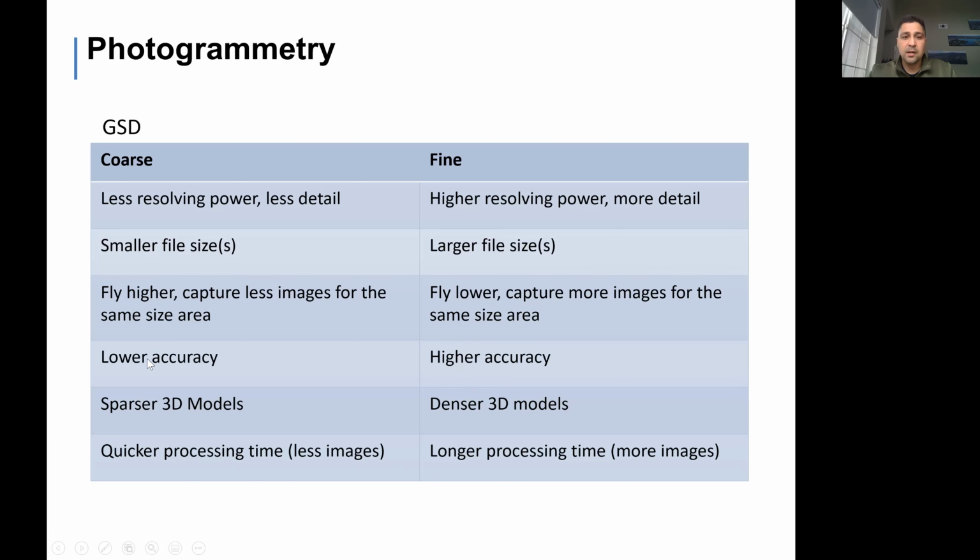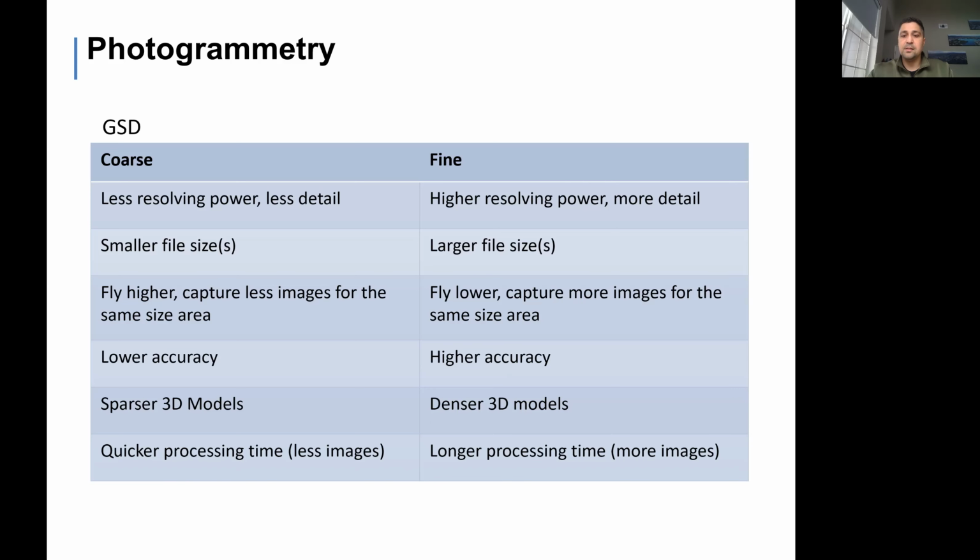Accuracy-wise, you're talking higher accuracy and more precision in the finer GSD as opposed to the coarser GSD. That goes back to the whole resolution thing. With models, you get a sparser versus denser model, meaning that you get a lot more points because there's more detail, right? With the finer ones, there's more pixels for the software to sort through and create these models for you.